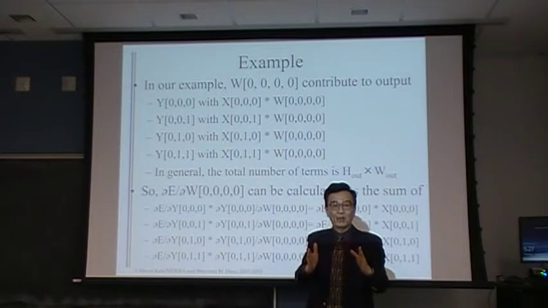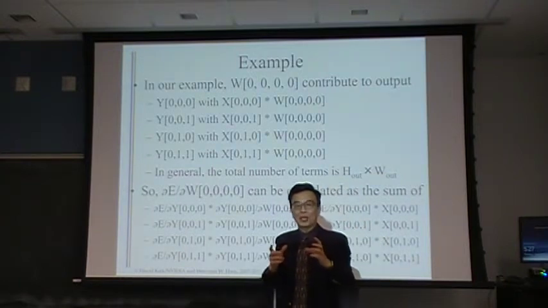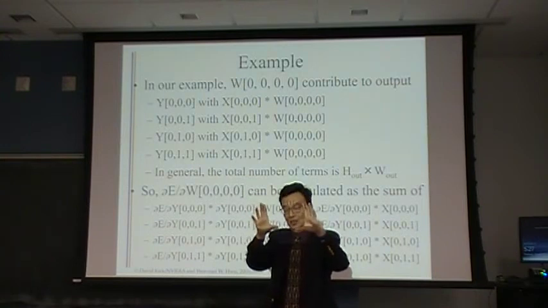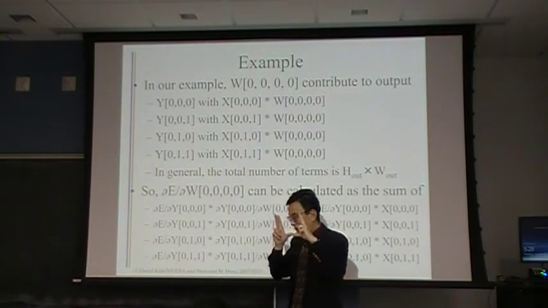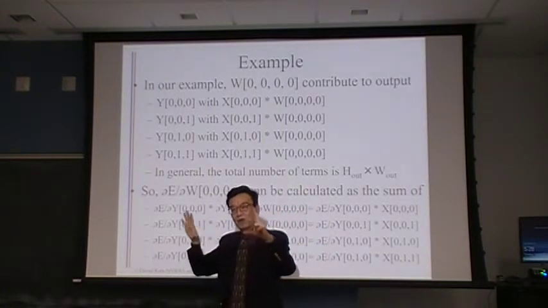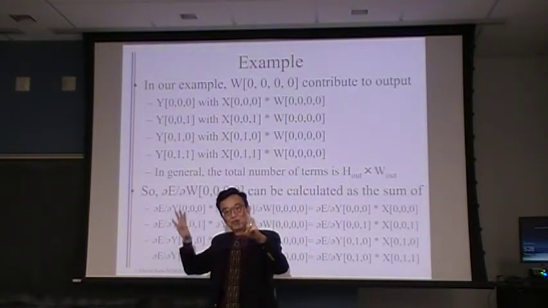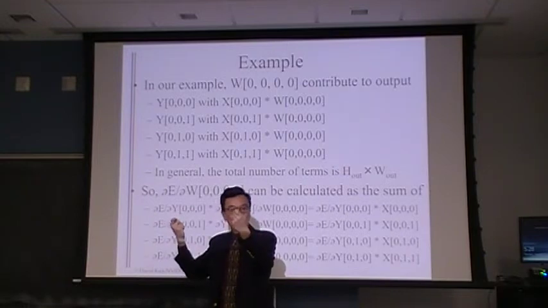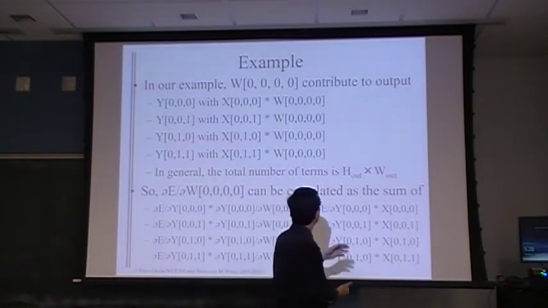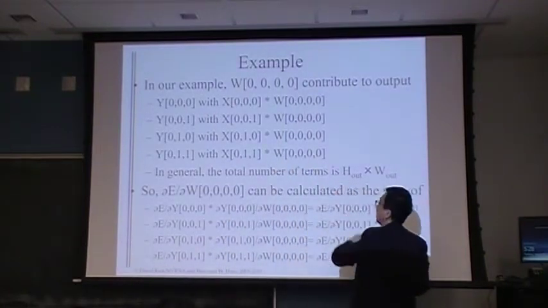That's the convolution part. I take that little square chunk in x, convolve that with the filter, and the zero parts are going to multiply together and accumulate to y00. So this is just the definition of the convolution operation.